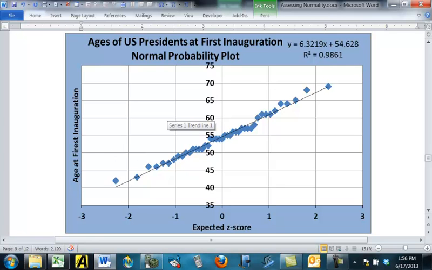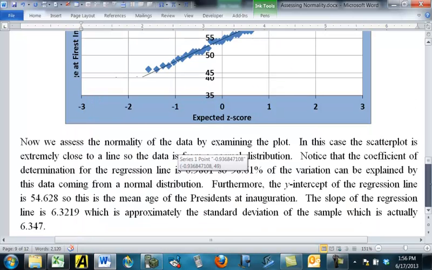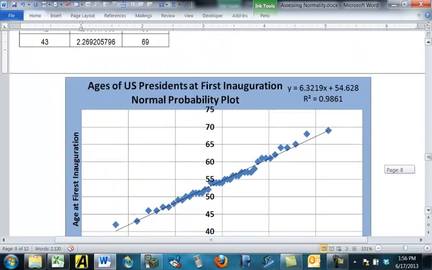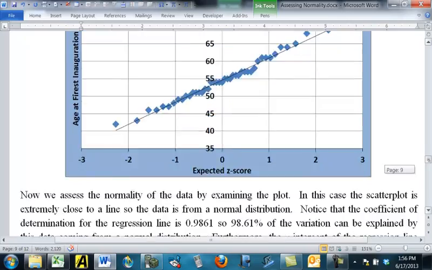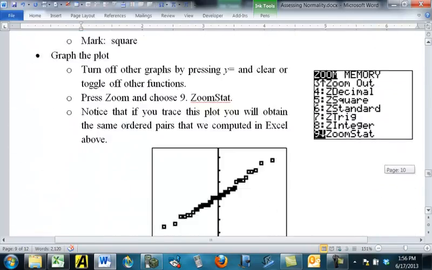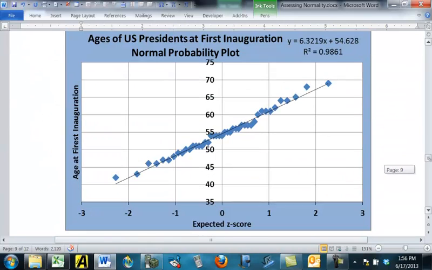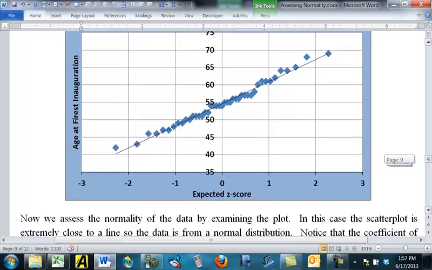Then the y-intercept and the slope have some meaning for us. In fact, that's one way we can kind of compute or at least approximate the mean and standard deviation, is by doing a regression line here and then working this out.